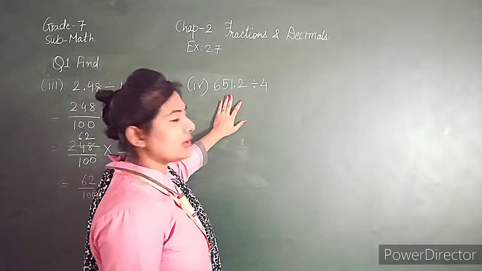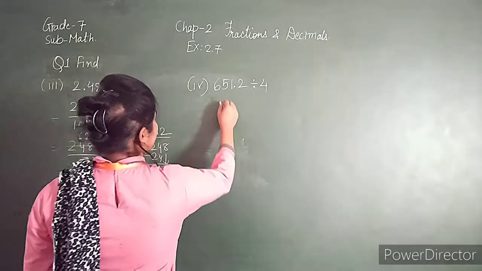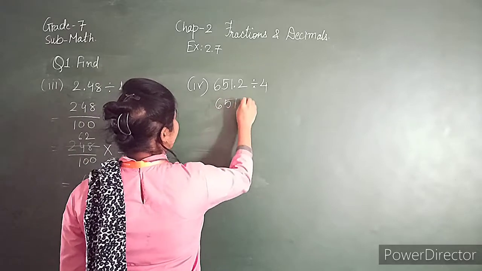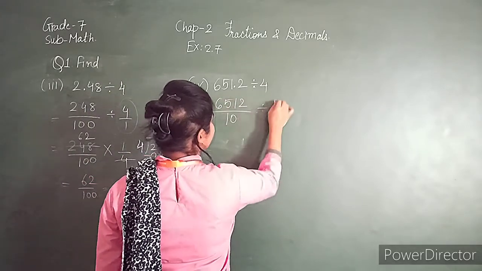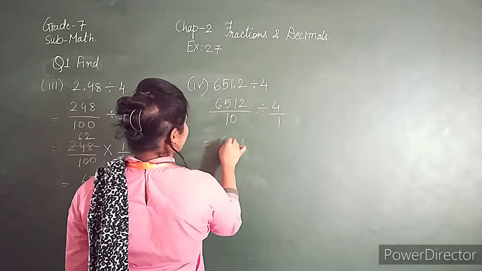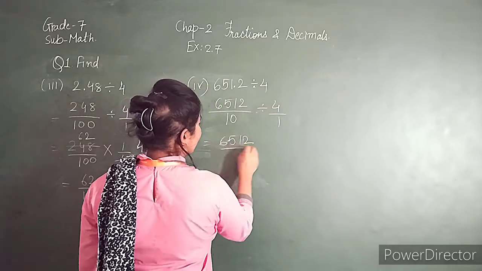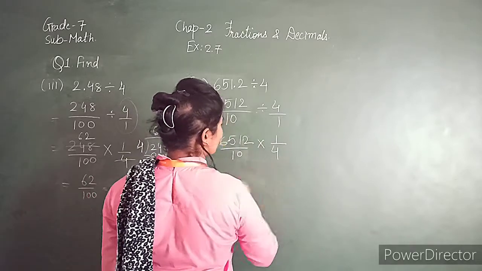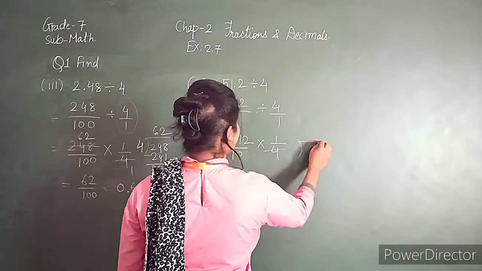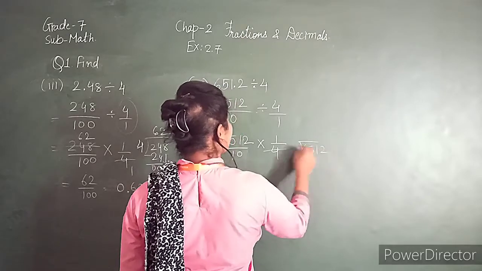Now 651.2 divided by 4. Here if we remove the point, then we have to write 10 in the denominator, and if we change the sign, then we have to write the reciprocal. So now divide 6512 by 4.